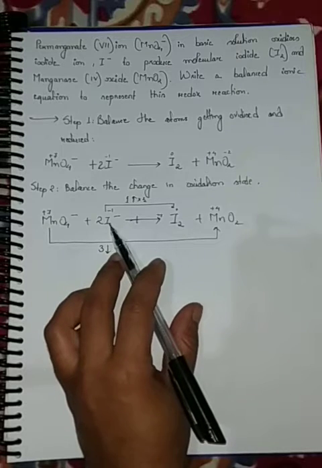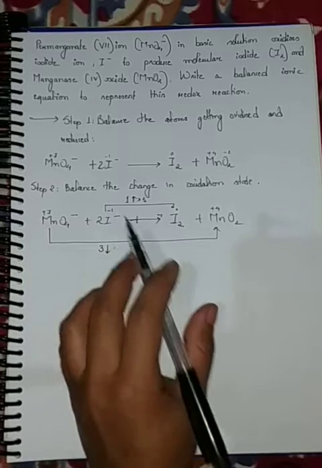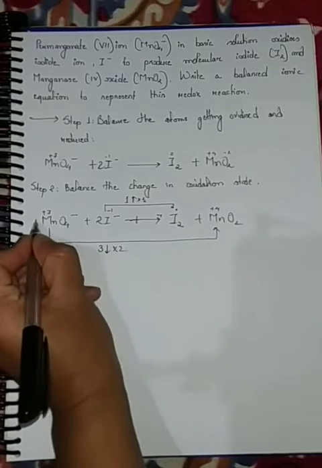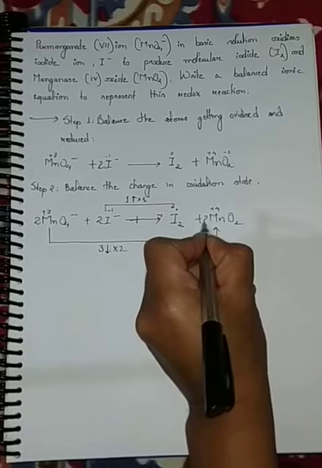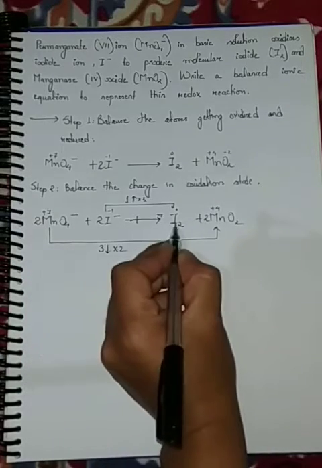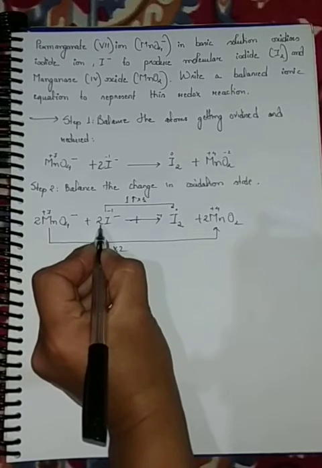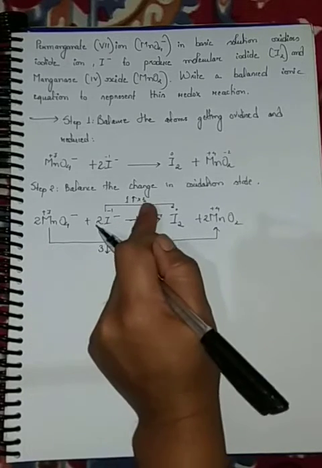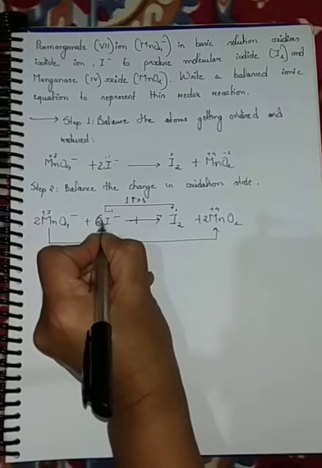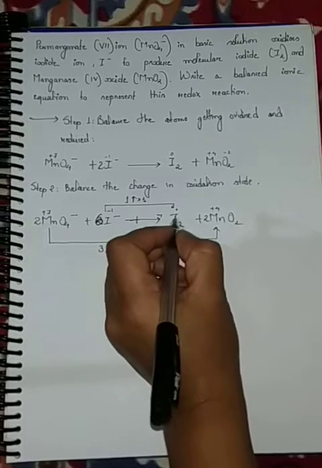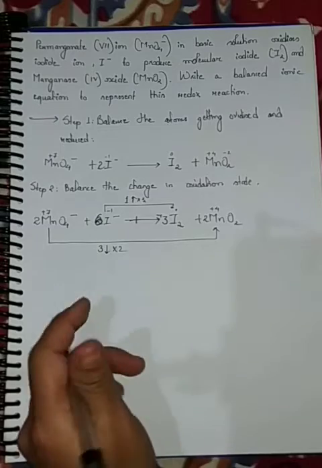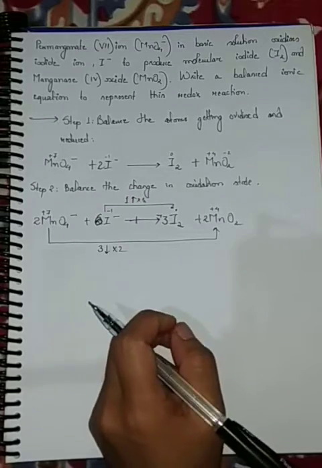So for 2 iodide ions we have an increase of 2, and I multiply that by 3. So 3 times 2 becomes 6, and we have 3I2 here, 6I minus. So the change in oxidation state is balanced here.